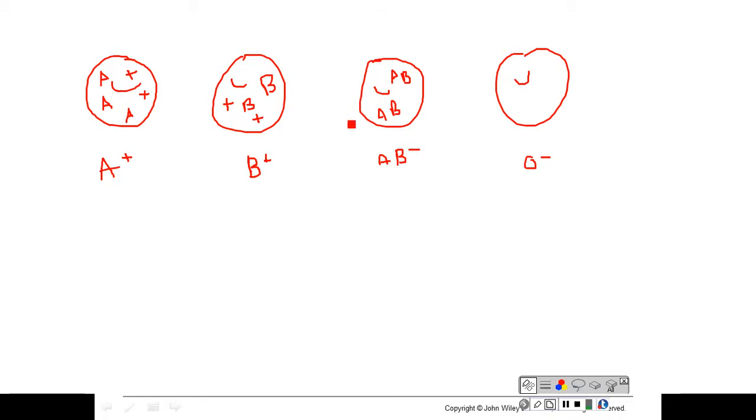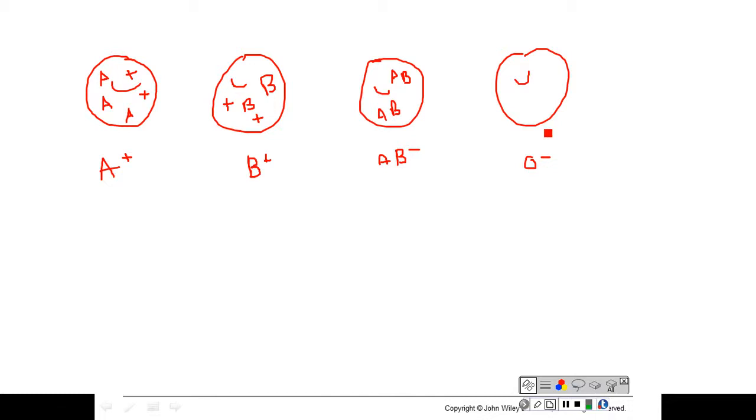This person that's AB negative can only receive blood from this O negative person in this instance, because this O negative person does not have any antigens on their red blood cells. So when these red blood cells mix with these red blood cells, they're not introducing anything new. They're not introducing an Rh factor or an A or a B. They're just introducing empty red blood cells, which means the AB negative and O negative bloods will mix fine.